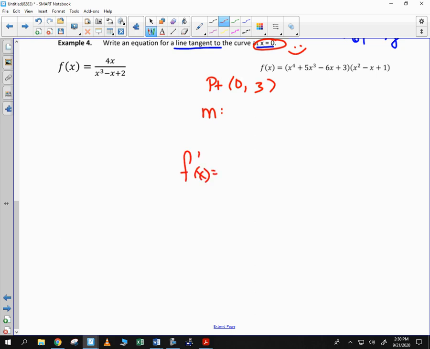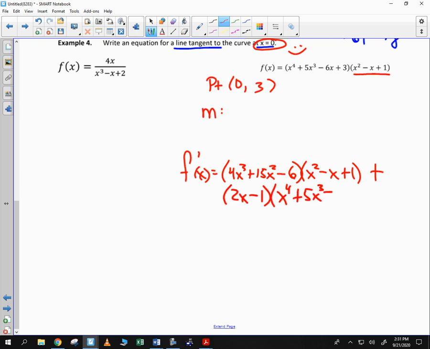The product rule says the derivative of the first part, which is 4x cubed plus 15x squared minus 6, times x squared minus x plus 1, plus, now we have the derivative of that, which is 2x minus 1, times this whole x to the 4th plus 5x cubed minus 6x plus 3.